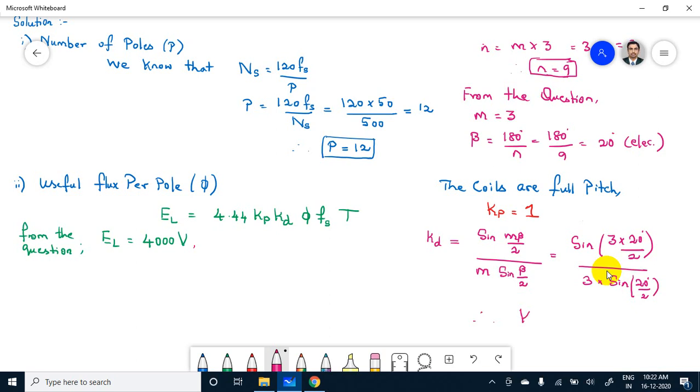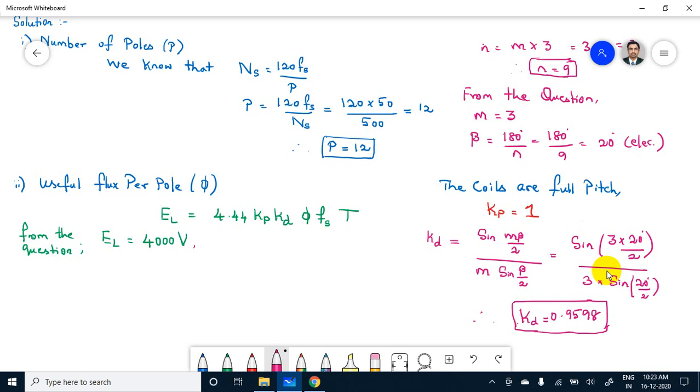So therefore KD equal to how much? Distribution factor KD equal to 0.9598.